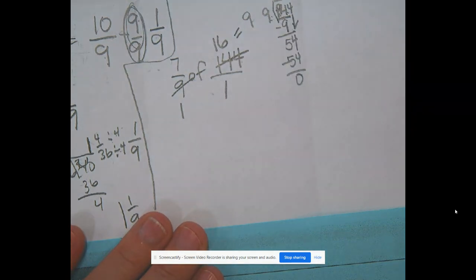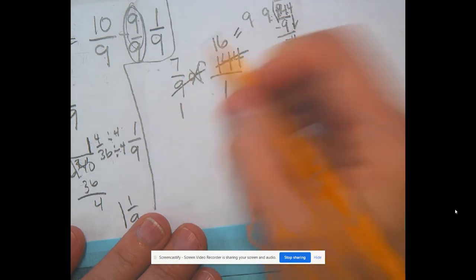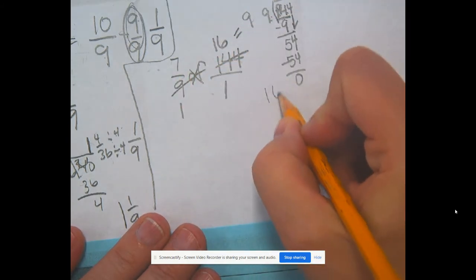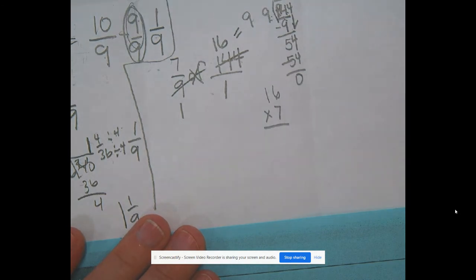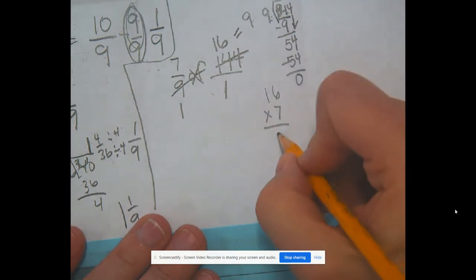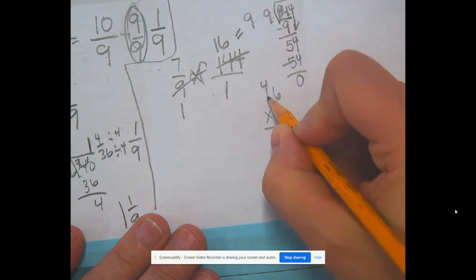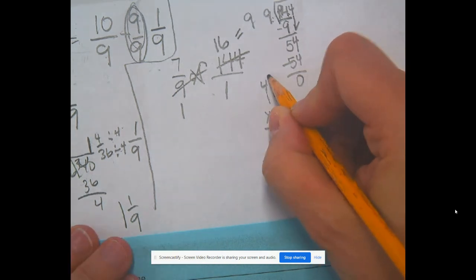16. Now what? Yep, multiply straight across. 7 times 16. Well, I don't know my 16 times table, so I can do this. 6 times 7 is what? 42. Carry my 4. 7 times 1 is 7, plus 4.